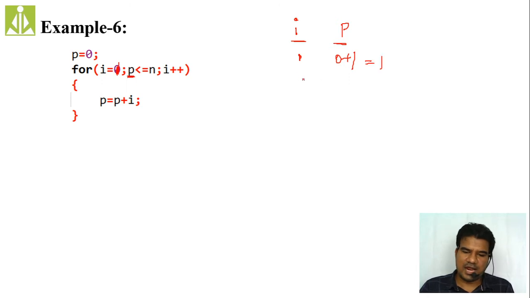If you consider I value as 2, the internal p value gets changed as 1 plus 2, because previously p value was 0, but now you have incremented the p value to 1, and the internal loop statement is dependent on that p value. Once the p value becomes 1, it will not go back to 0.